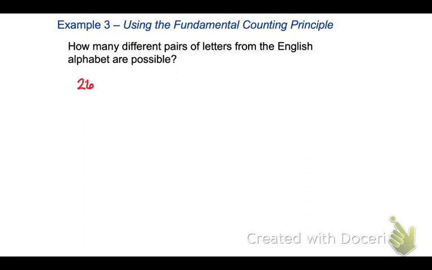So if I pick one letter at random, there's how many different choices? 26, right? But if I've picked one, how many choices do I have now? 25. So I would take 25 times 26. Multiply.